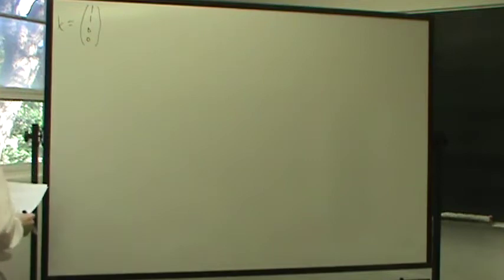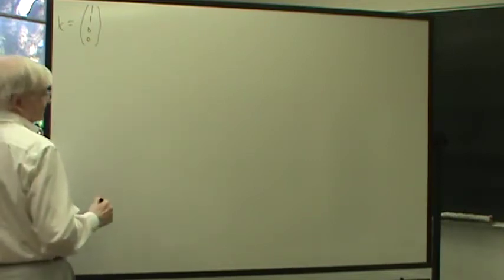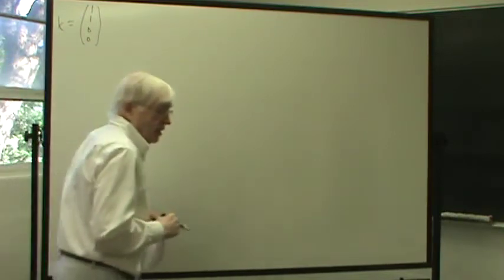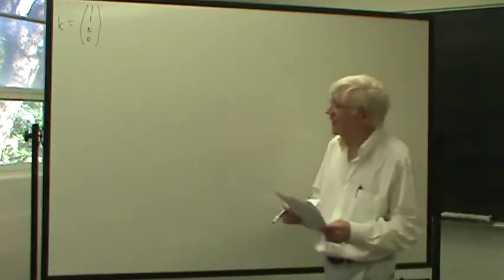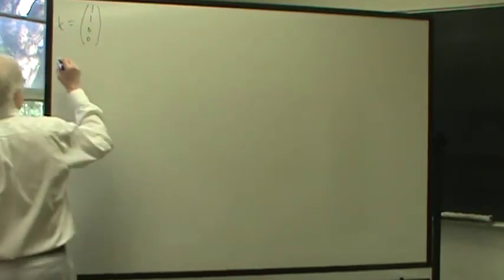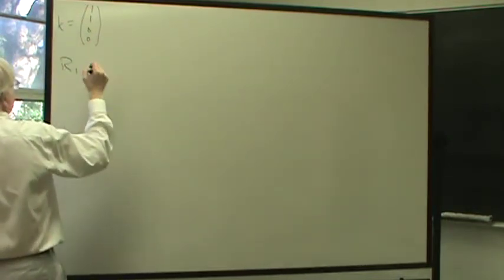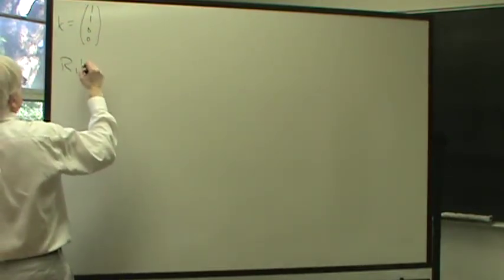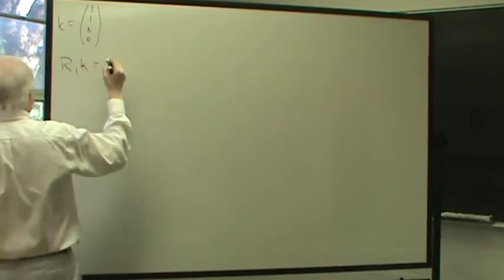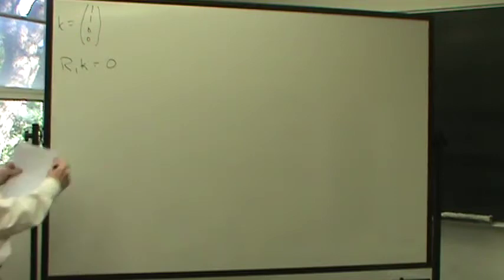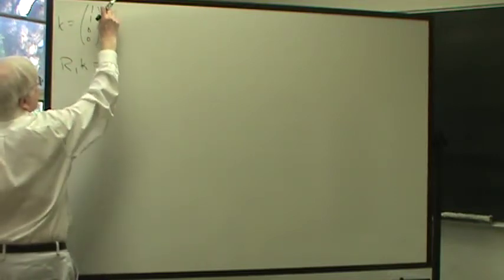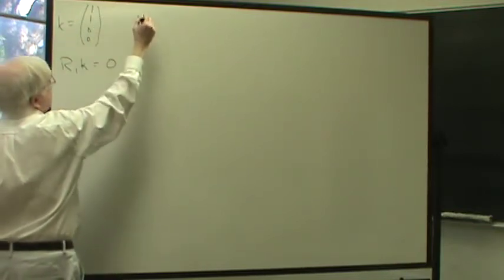Okay. So if you remember what the generators are, there are 3 R's and 3 B's, and what you can see is that R1 on K is in fact 0. Why is that? Because R1 is a rotation about the x-axis, and this is a photon moving in the x direction.